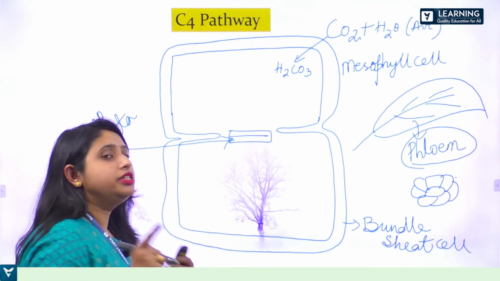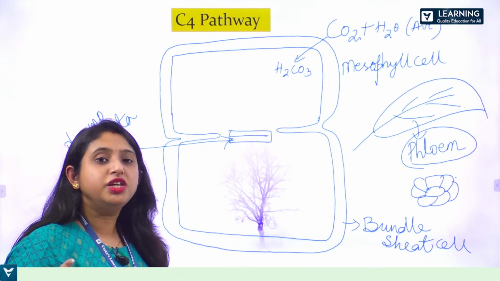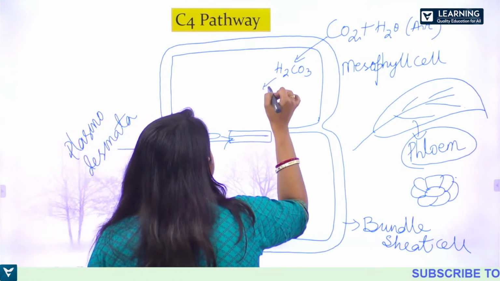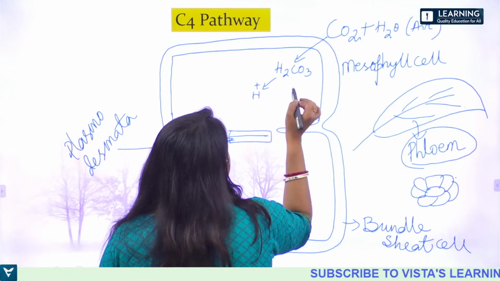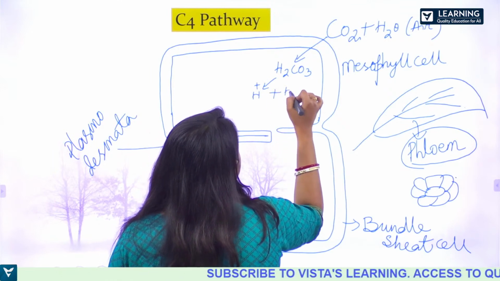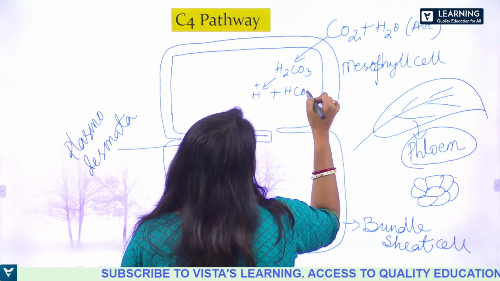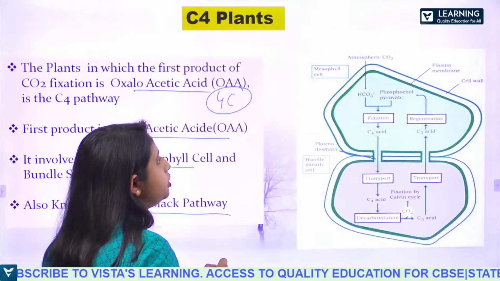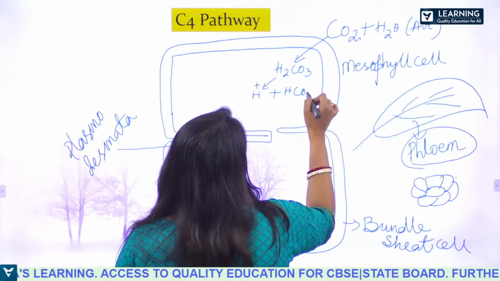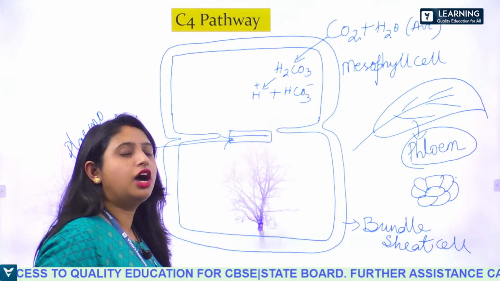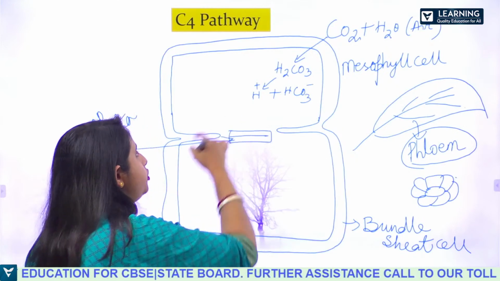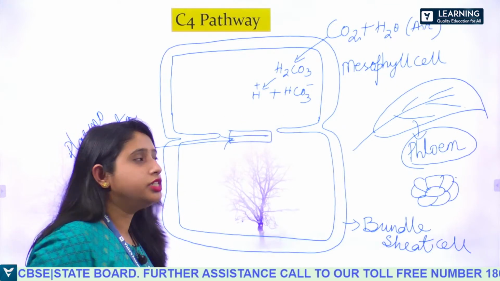This carbonic acid will split into H plus and HCO3 minus, that is bicarbonate. So hydrogen ion and bicarbonate are released.